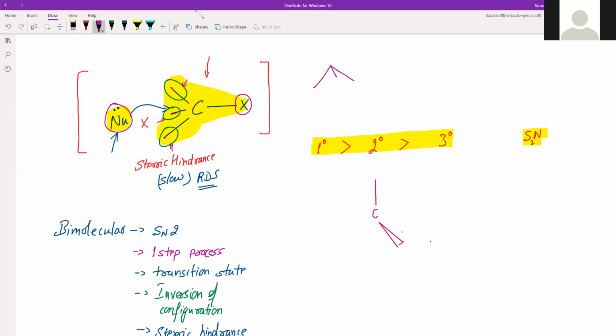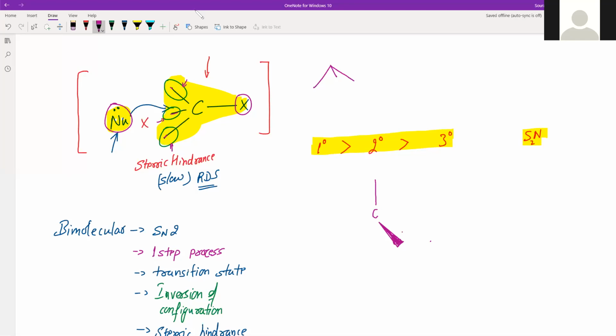Right? This represents the bond which is coming from the paper, from the carbon, say the carbon is on the paper, and from that paper or screen, this bond is coming towards you.